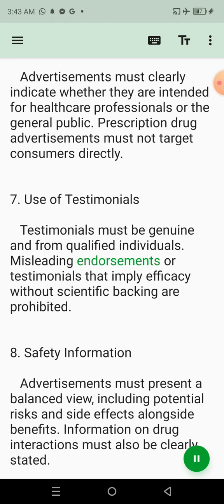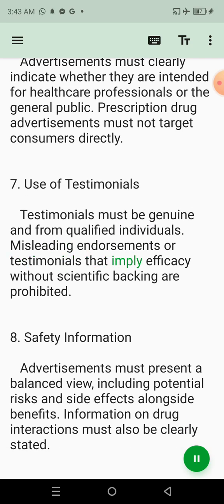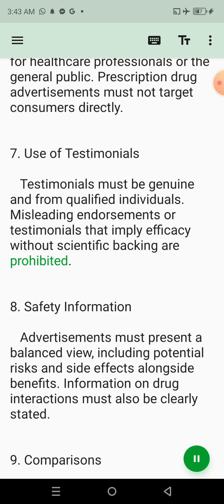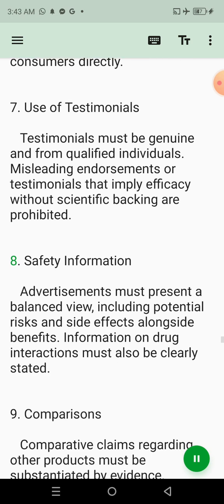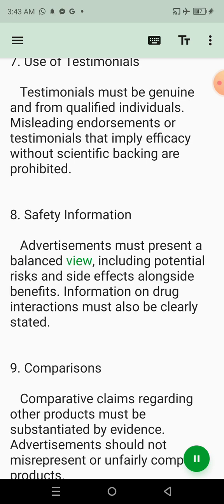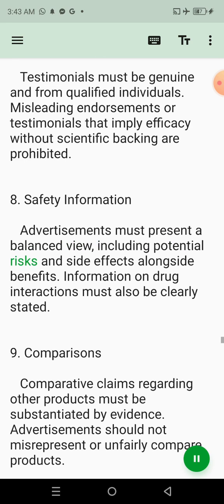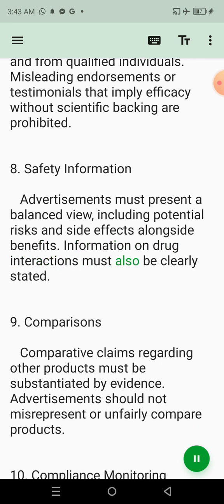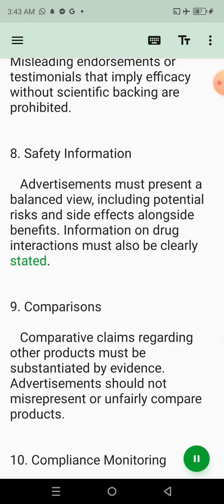Misleading endorsements or testimonials that imply efficacy without scientific backing are prohibited. 8. Safety information. Advertisements must present a balanced view, including potential risks and side effects alongside benefits. Information on drug interactions must also be clearly stated.